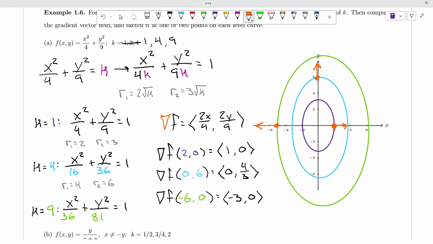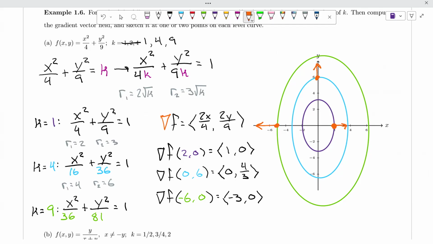So the vector field at each of these points is going outward. If I'm trying to get a sense for how this function is changing, it looks like it is smoothing out as it goes, all of those level curves radiating outward.